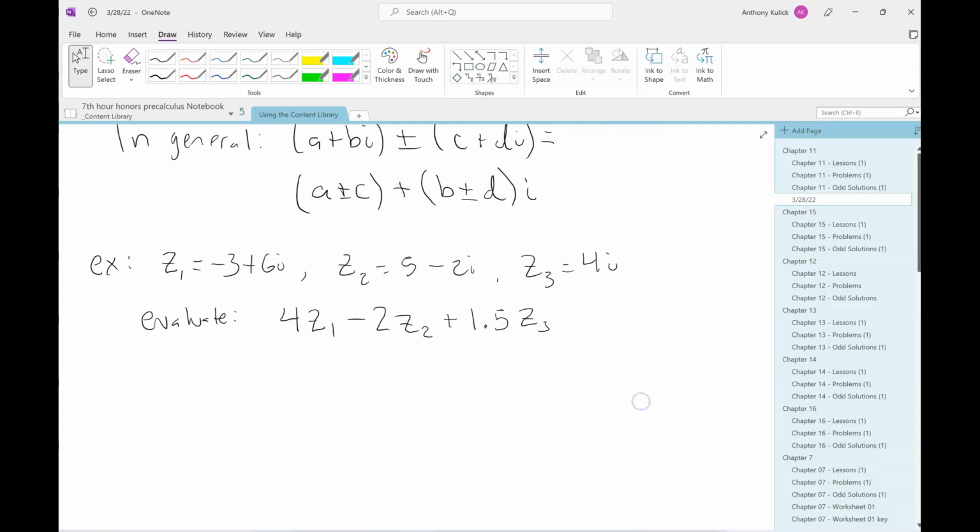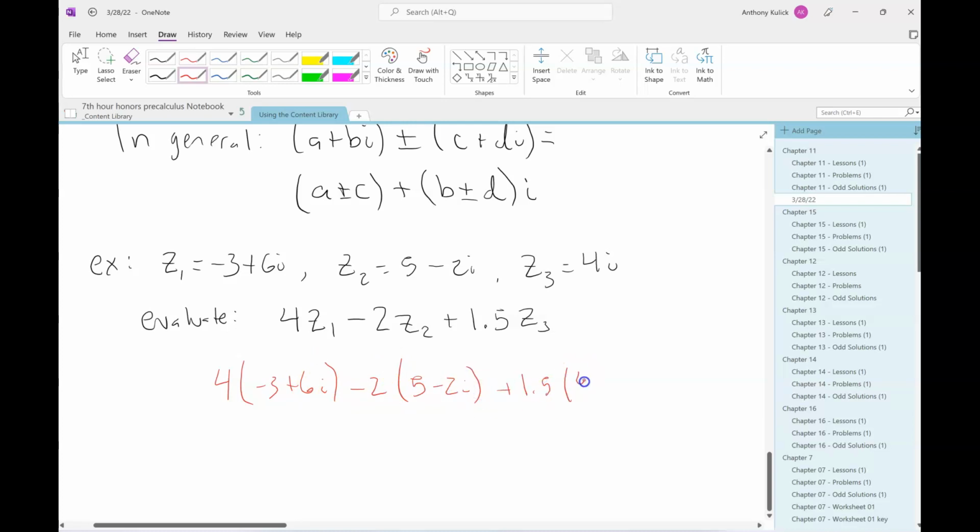So let's say I have 3 complex numbers, z1, z2, and z3, and I want to evaluate 4 times z1 minus 2 times z2 plus 1.5 times z3. Well, this is basically as easy as you think it is. So we're just going to substitute our values in.